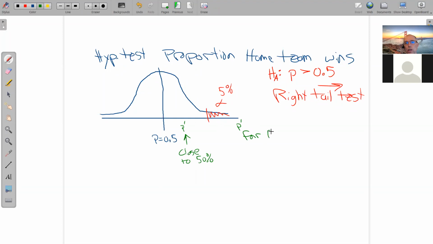So that's far from 50%, which implies a home team advantage. And the reason that is, we assume that the home team doesn't have an advantage, which means they're just as likely to win or not win.